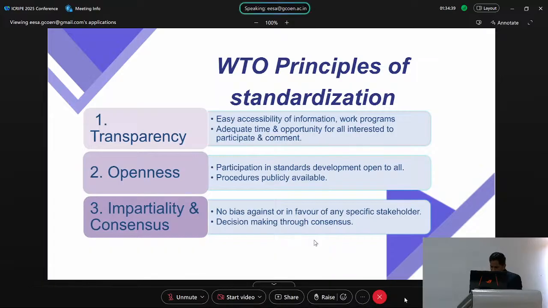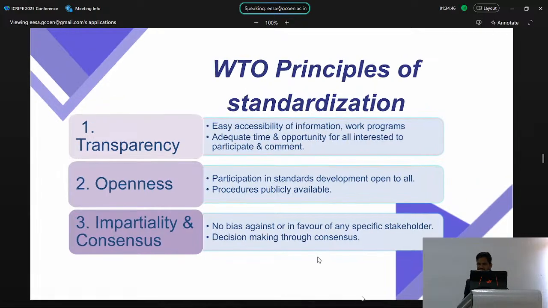Now, coming to the point of standard, I have used this word a lot of times, so I think most of you know what a standard is. With examples, I will explain the types of standards. For specification standards, for every product we prepare a standard.